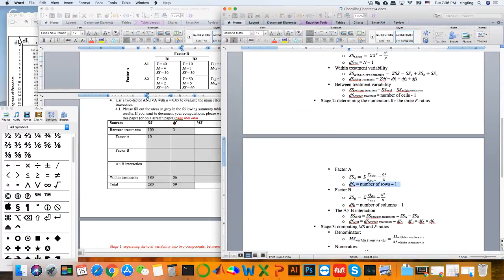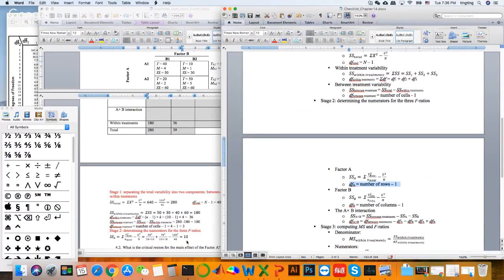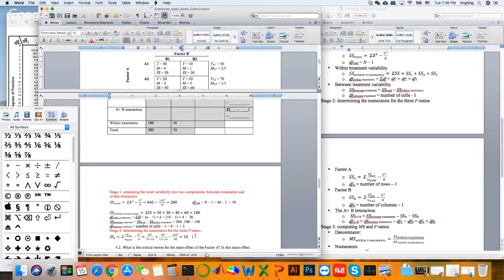And df equals to the number of rows minus 1, which equals 2 minus 1, equals to 1, right?